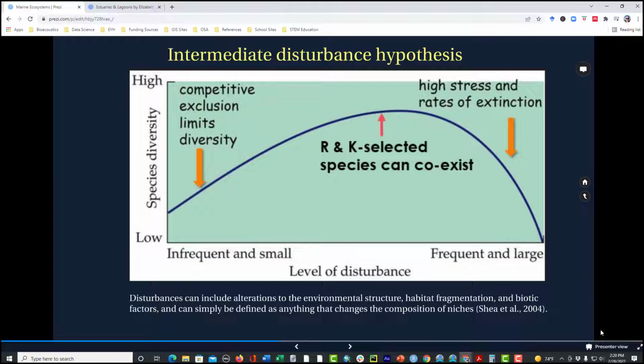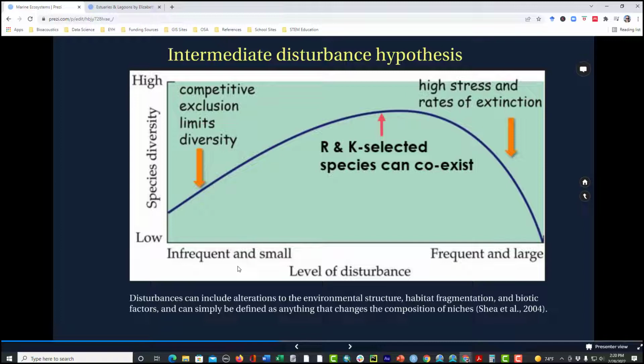For instance, on the left-hand side of this figure, we have the level of disturbance. The left-hand side is where there are infrequent and small disturbances, which means you have a habitat that doesn't really have a lot of movement to it. There's not a whole lot that goes on in terms of changes in the composition of nutrients and food in that habitat.